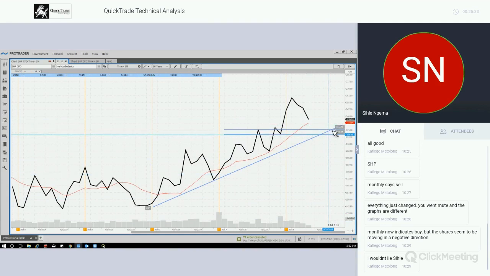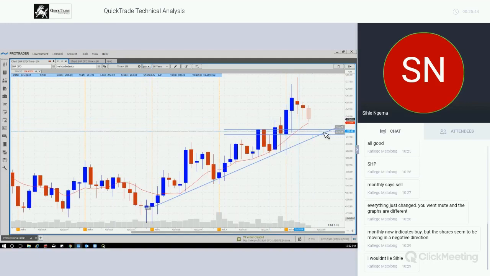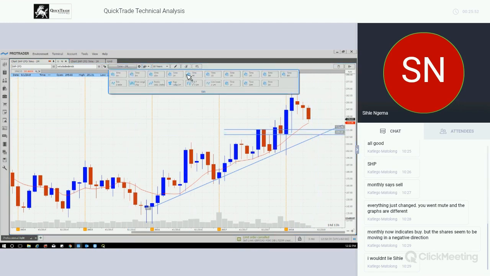So this one suggests that it's actually 225, 220, but I say 230, 225. That's where our support is. That's our range where we expect the price to be contained, or to be prevented from moving lower, or to be supported. That is the area.